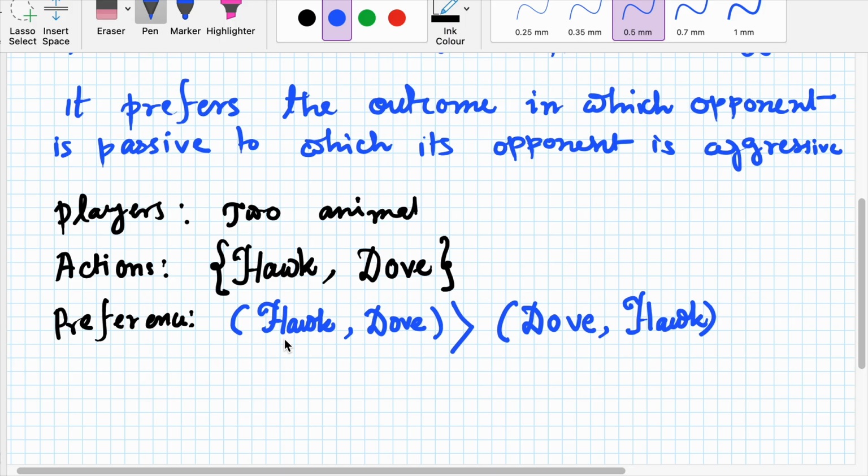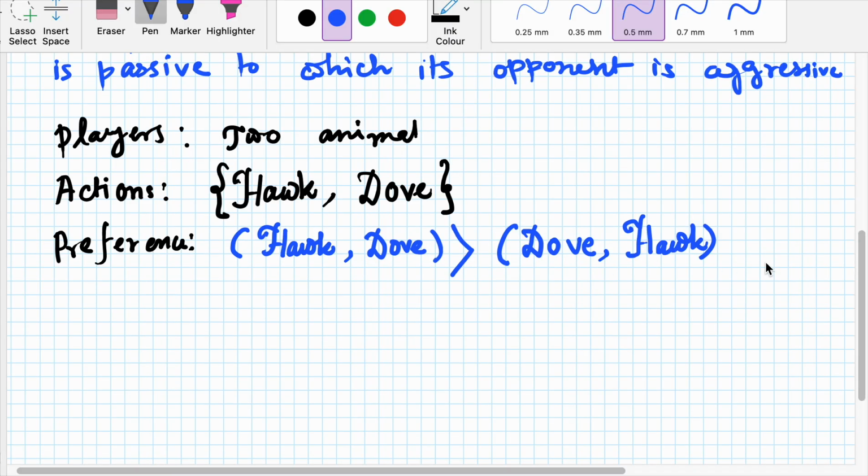That injury can induce death in either individual. So they prefer life over serious injury. That's why the dove strategy is better against a hawk.